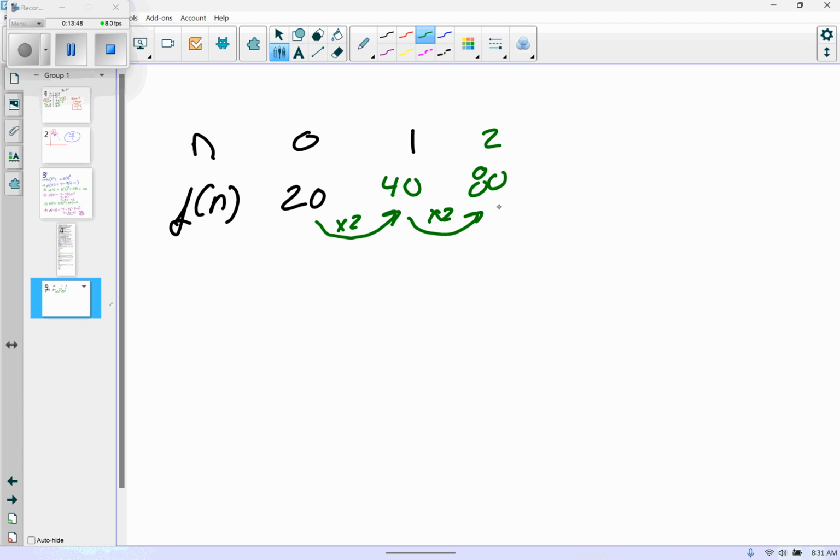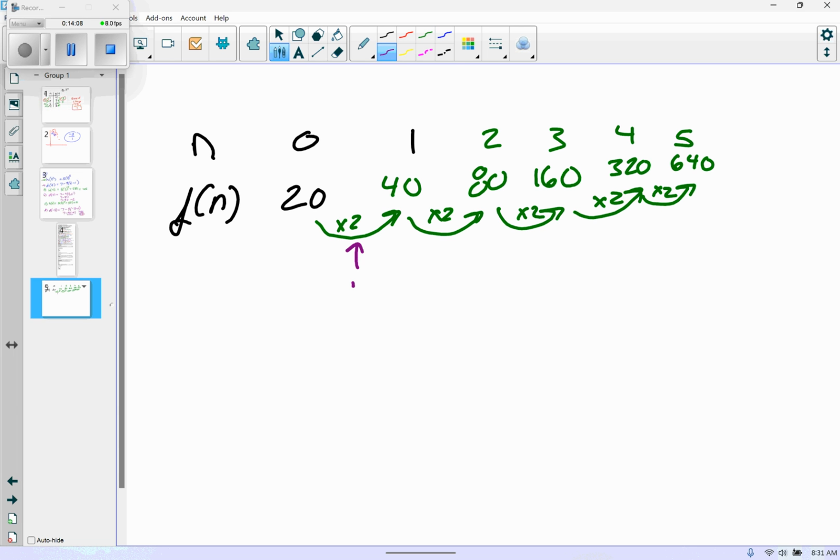It gets me to 80. After 3 hours, that gets to 160 because I'm multiplying by 2. After 4 hours, that gets to 320. Times that by 2, that takes me to 640. Okay? Because we're multiplying, that means this has to be geometric.